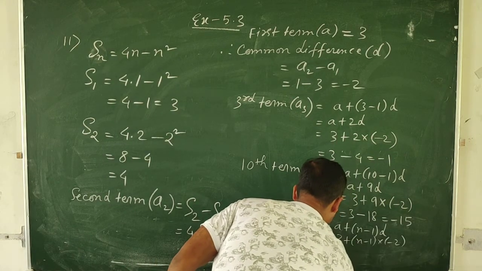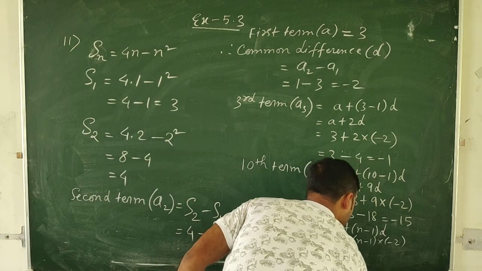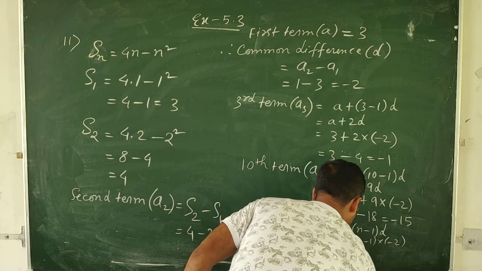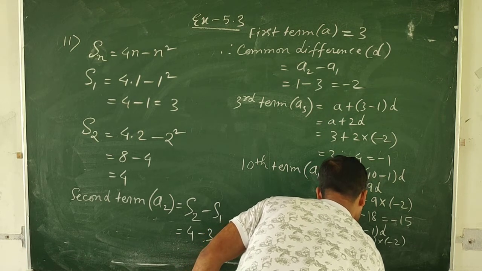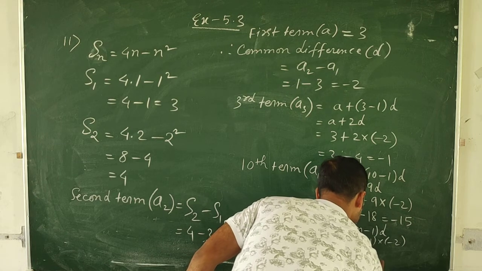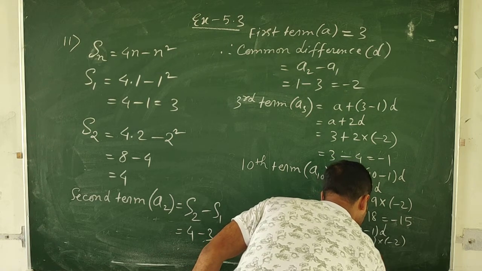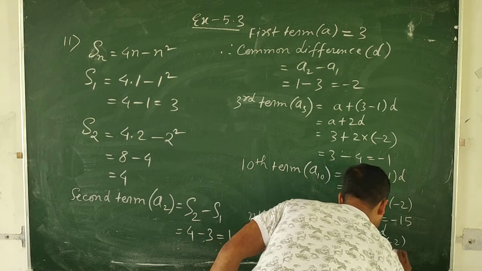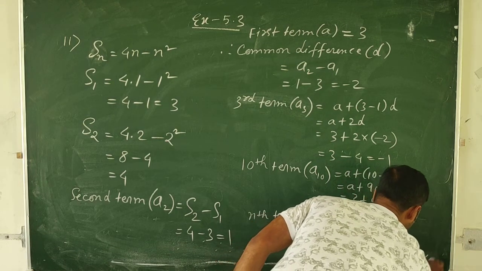Minus 2. So 3 minus 2n plus 2, so 5 minus 2n.